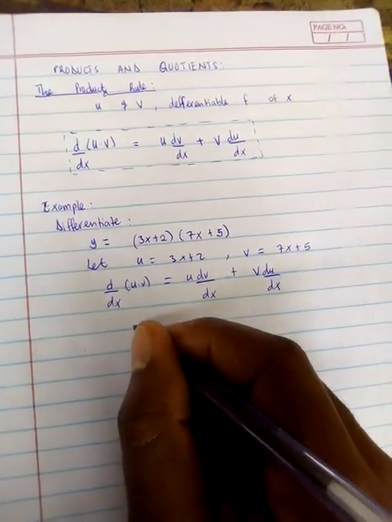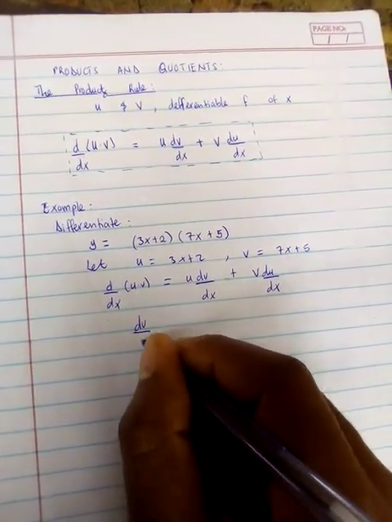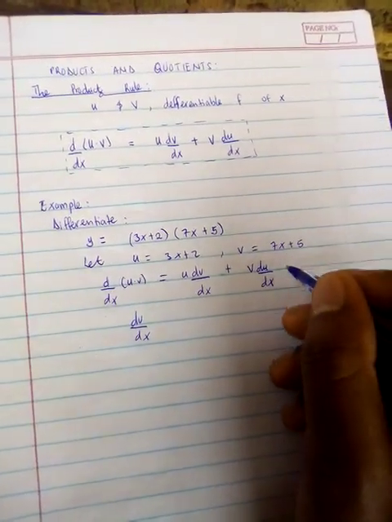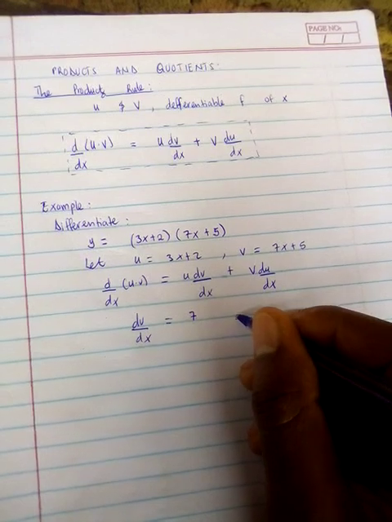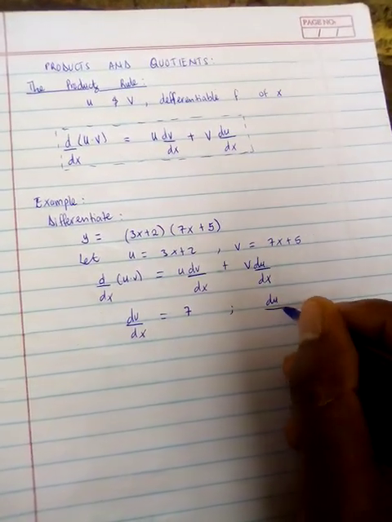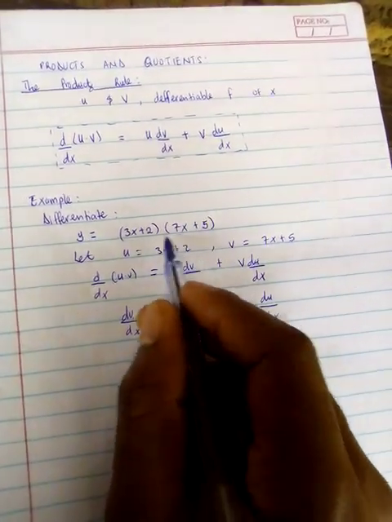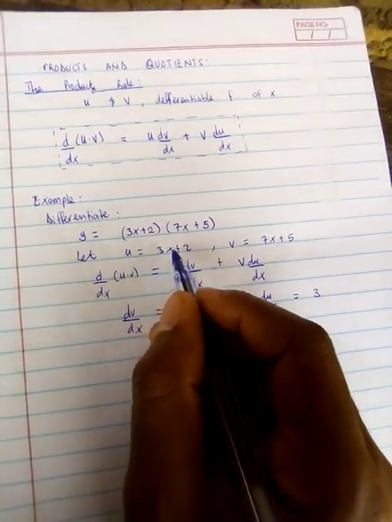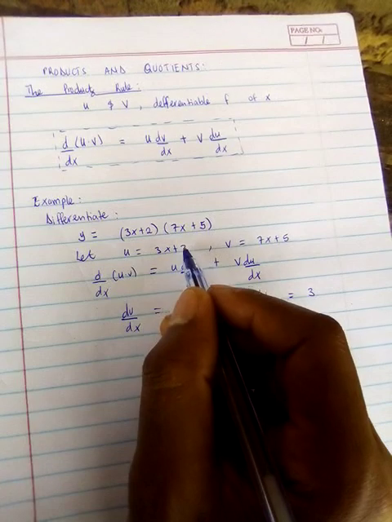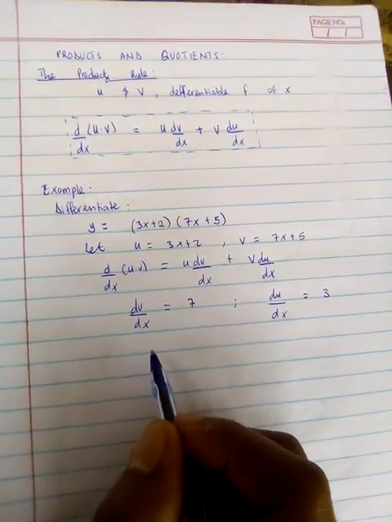My dv dx, differentiating this with respect to x, gives me 7, and my du dx gives me 3, because the x goes and the constant goes to 0.